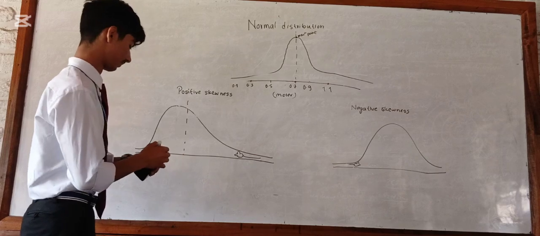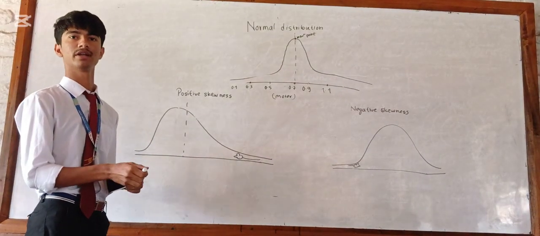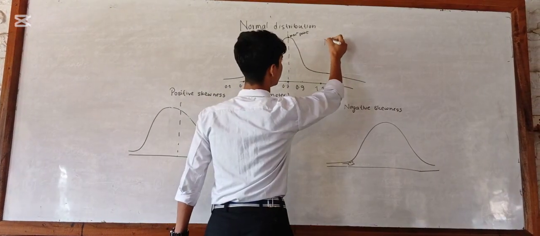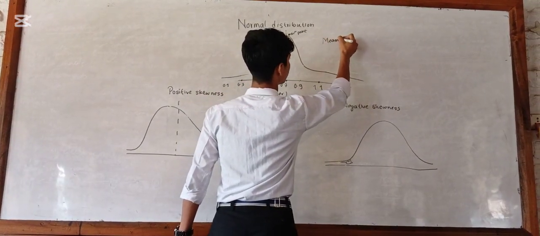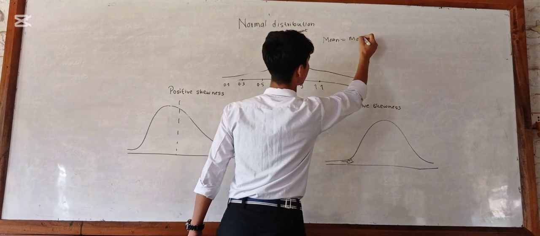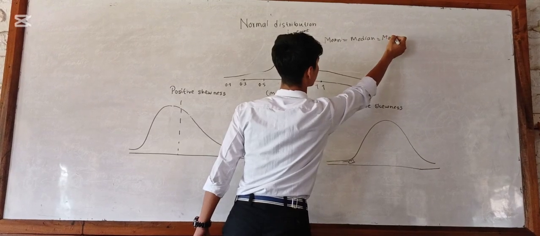Now talking about the relation between mean, median, and mode. In this normal distribution, always the mean is equal to median and median is equal to mode.